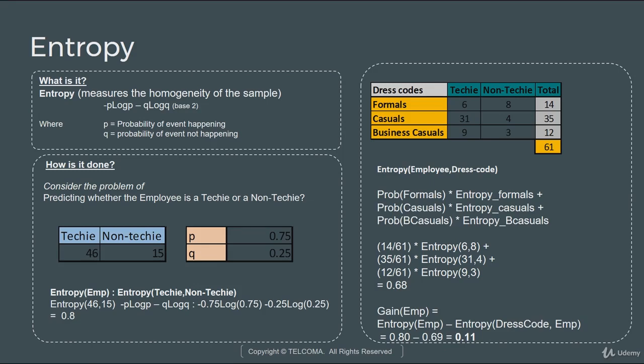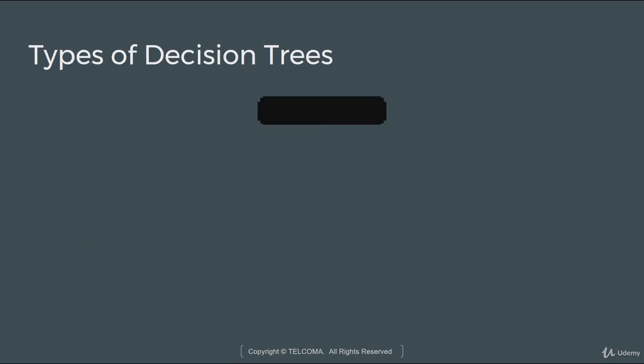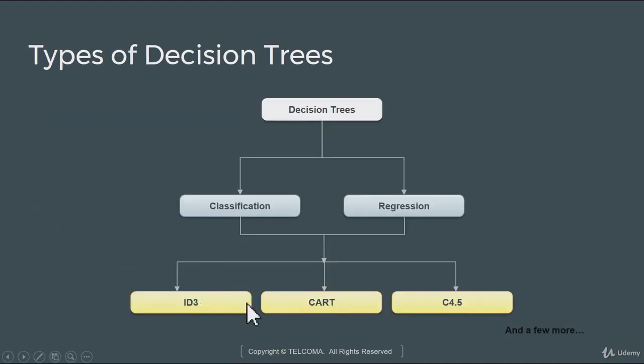Now, this is one of the available techniques to identify the root node and the consequent nodes. There are several other techniques available, such as Gini index or node purity, and many more alternatives for selecting the root node and the consequent nodes.